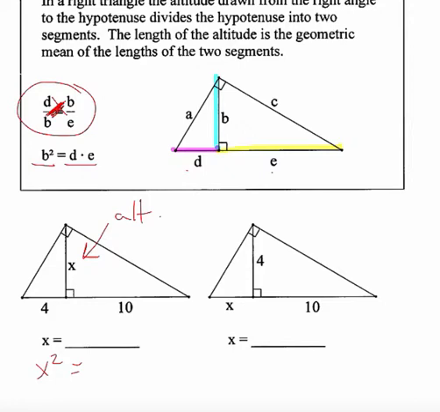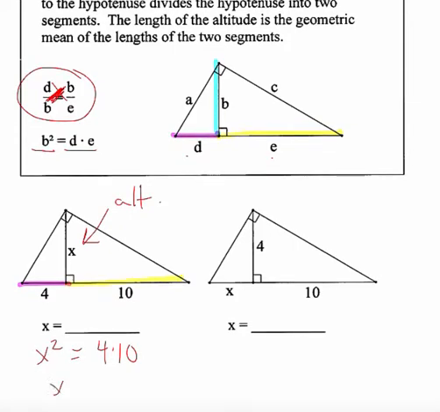So the two parts that were created were 10 and 4. So I'm going to multiply those two things together, and that should equal my altitude squared. Now this is a very simple equation that I can solve. So I'm going to get x squared is equal to 40, so x must be equal to the square root of 40, which reduces to 2 root 10. Simple to use, a little more complicated to explain.